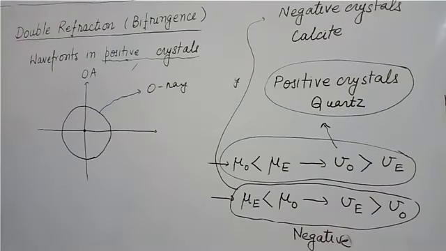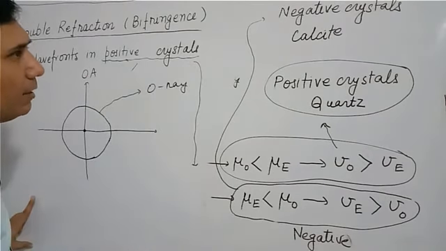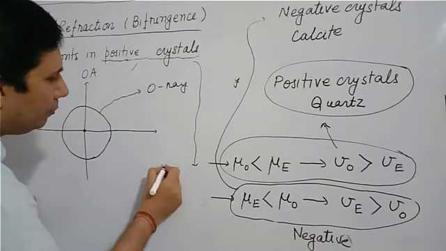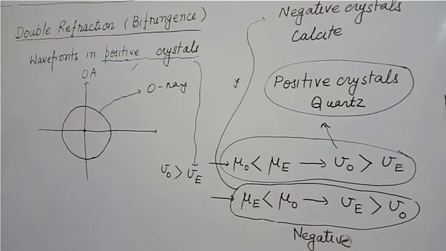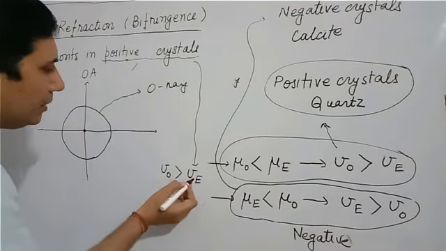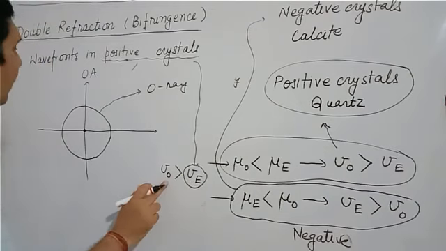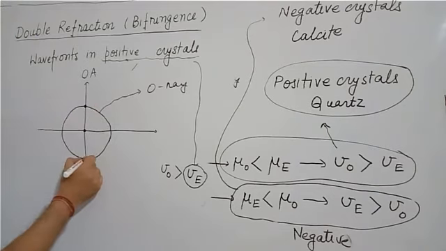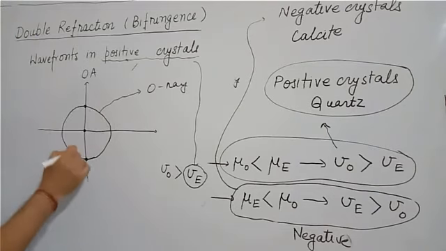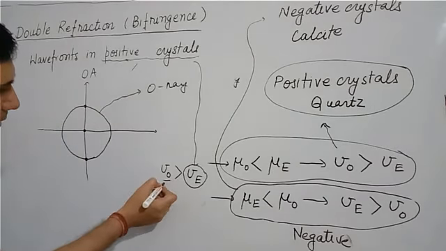Now, in positive type of crystals, VO is greater than VE. It means the velocity or speed of E ray is always less than VO, except along the optic axis. So along the optic axis, both these wavefronts will touch each other, but in other directions, O ray will travel faster.